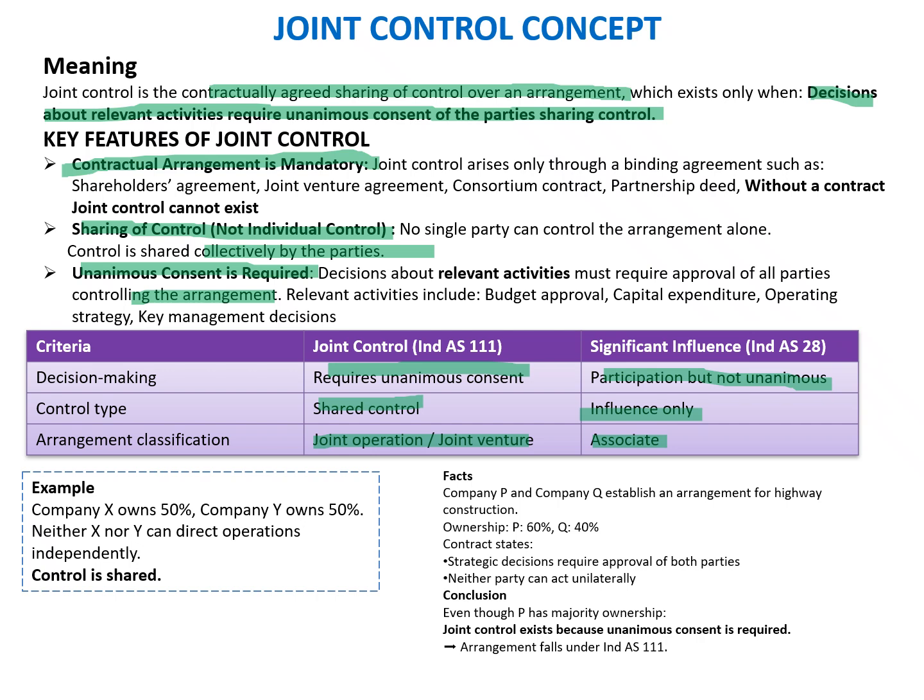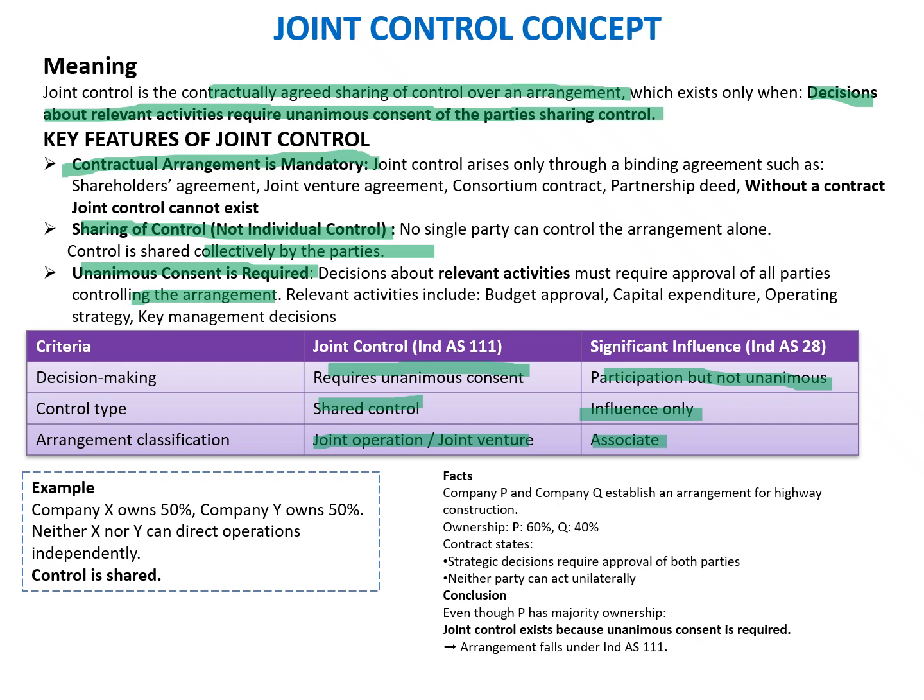The decision is unanimously required by all the parties in joint control, but in Ind AS 28, the decision is not with the investor; they can only participate in the decision making. The arrangement classification is joint operation or joint venture under Ind AS 111, but in Ind AS 28, it is investment in associates and joint ventures.